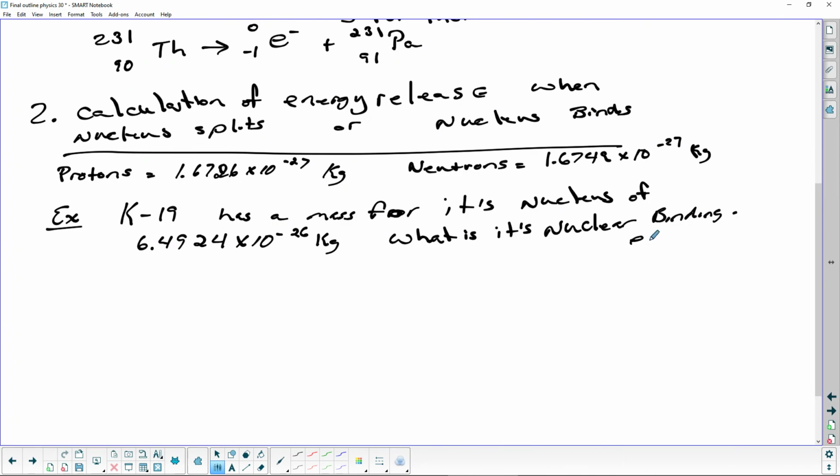Okay, so I might ask, what is this? Well, I will ask of nuclear binding energy. Okay, so we have to know how many protons it has. So this K19, and we have to look up what is K on the periodic table. So if we look on our periodic table here, let's bring myself back over here.